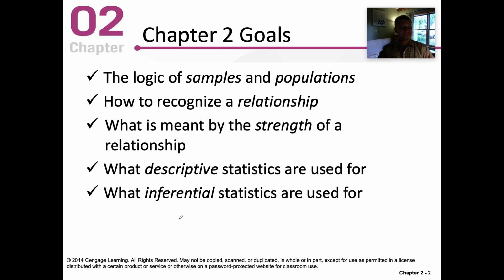The goals of this chapter include the logic of samples versus populations, how to recognize a relationship between two different variables, what is meant by the strength of a relationship, and finally, what descriptive and inferential statistics are actually used for, because there are different kinds of statistics that are useful in different scenarios.